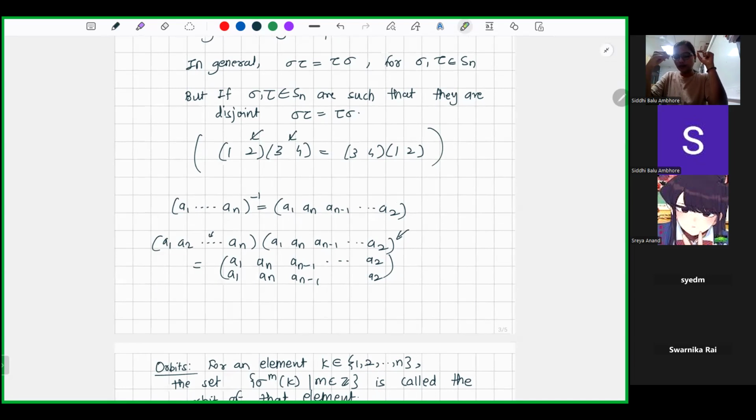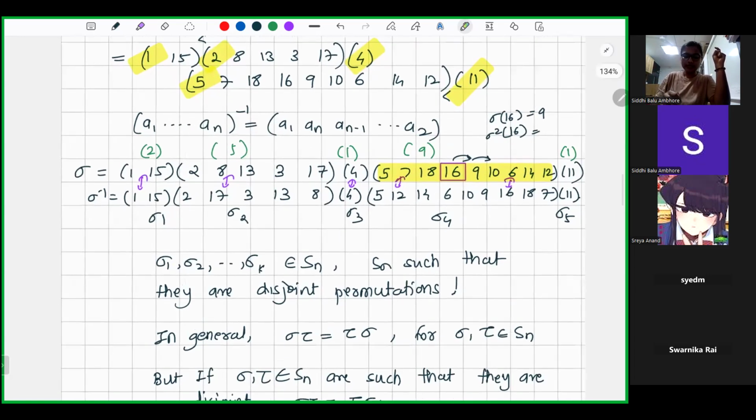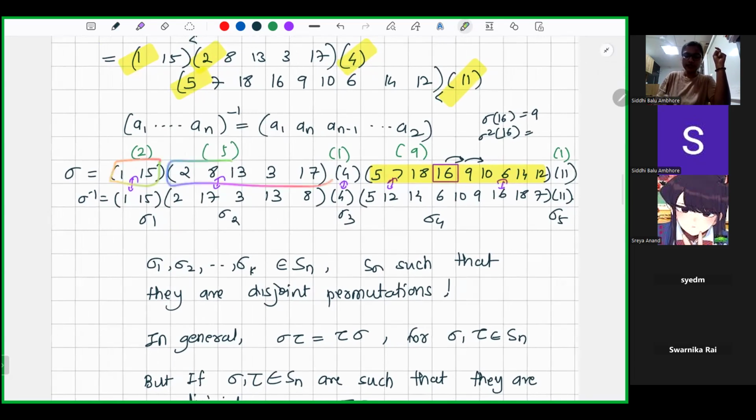I'm saying that when I'm looking at a cycle permutation, its inverse is again a cycle of the same length. For example, this is of n length, and its inverse is again an n length cycle. So when I look at the inverse of this sigma, I will again have cycles of exact same length in its inverse.